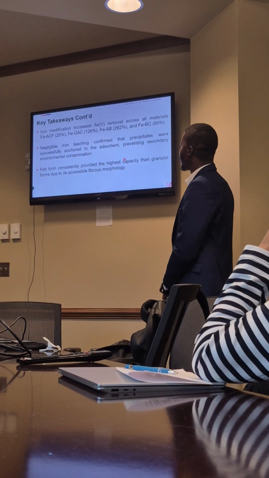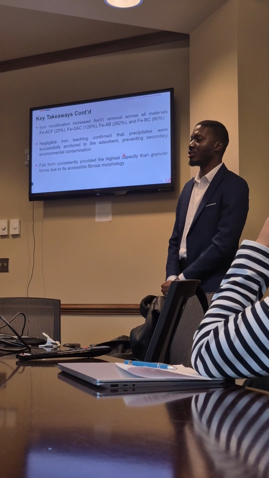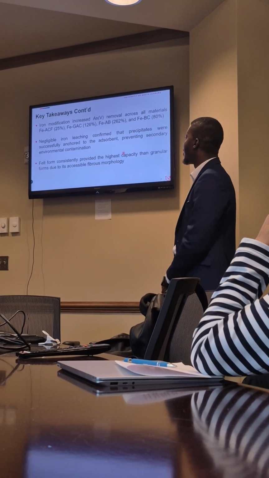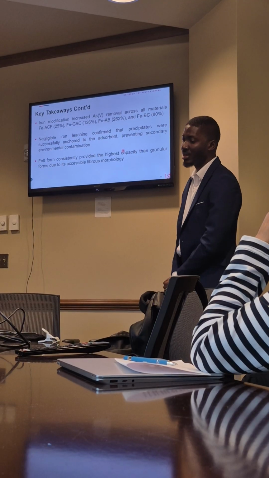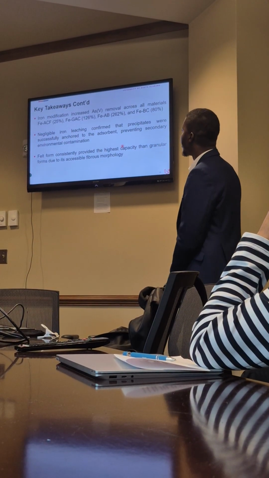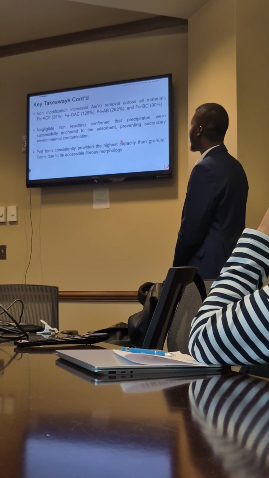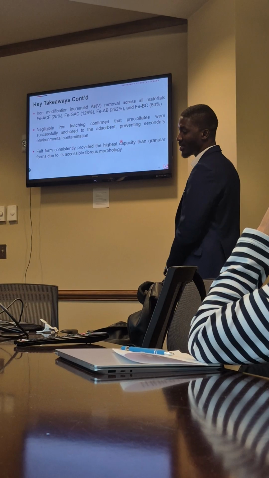After ion modification, the arsenate removal performance increased across all our adsorbents, with FEACF having a 25% increase, FEGAC a 126% increase, FEAB a 262% increase, followed by BC with an 80% increase.